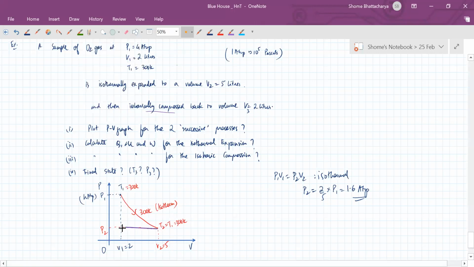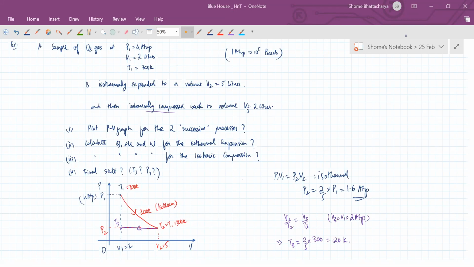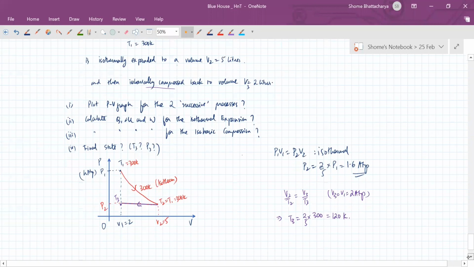So the isobaric compression will look like this. Okay, so now let's calculate for each of the processes.